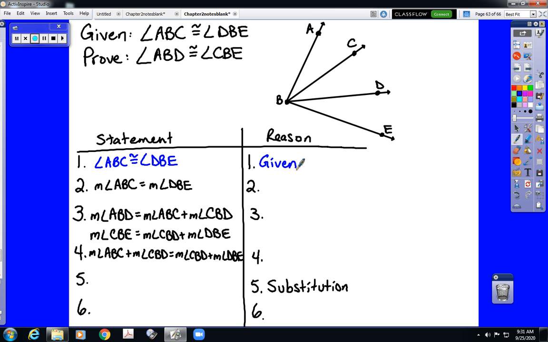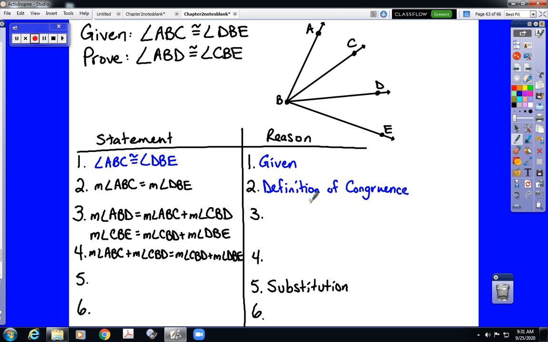Well, with angles, if we have that two angles are congruent, that means that their angle measures must be equal, because that is the definition of the word congruence. So it is still possible to do proofs like the ones we did in the last section with angles. We simply would turn our congruent statements into equality statements.